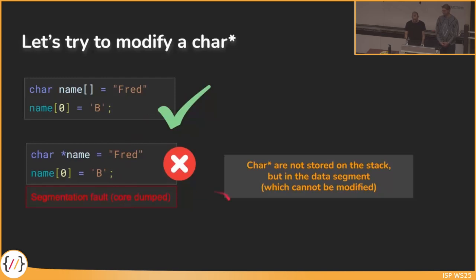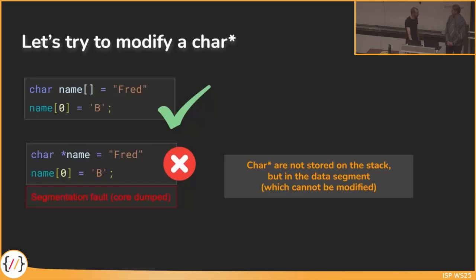And as I said before, this character pointer, the second version here, is not stored on the stack as this one is. It's stored on the so-called data segment. It's a different segment in the memory where we cannot modify the value. We can place it there once, we cannot modify it then. That's why the second version cannot be modified.